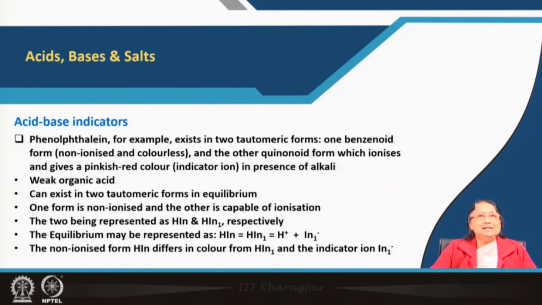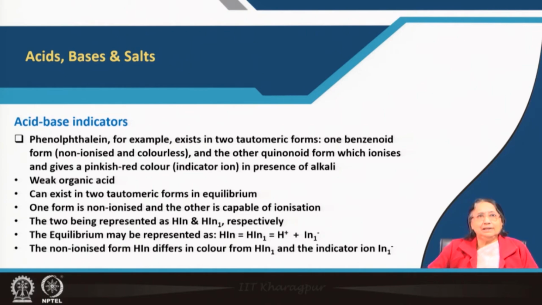Tautomers are a special type of isomer, but indicators are weak organic acids. We have already seen that organic acids, acetic acid, formic acid, are weak. Also we now know that the carboxylic acid group, that is the organic acid, is a weak acid. And for phenolphthalein, I will tell you about tautomers, what is the characteristic of the tautomers.